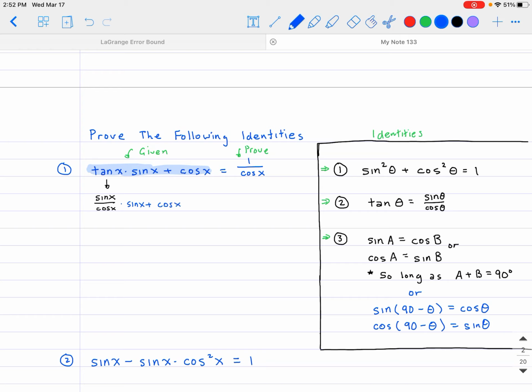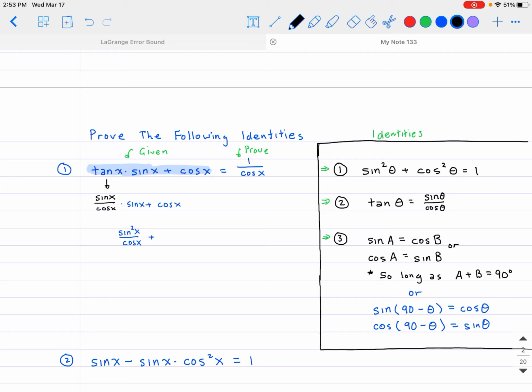Now the first term we can clean up a little bit. That is going to be equal to sine squared of x over cosine of x. As soon as you notice that the left-hand side has a fraction, maybe I should rewrite the other term so that it's a fraction as well.